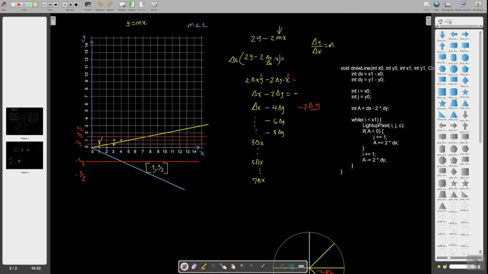So how are we going to do that? If this is my first point for all of the lines with negative slope, then this term here, which is our first evaluation point, or the result of that evaluation, is going to be negative.